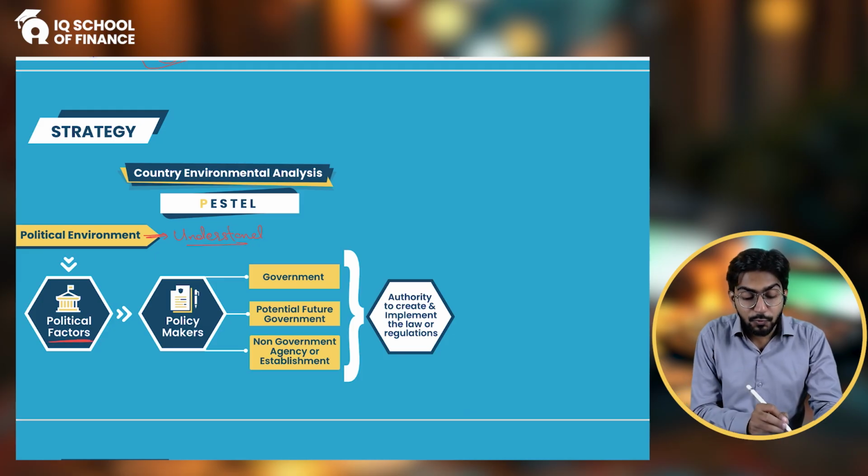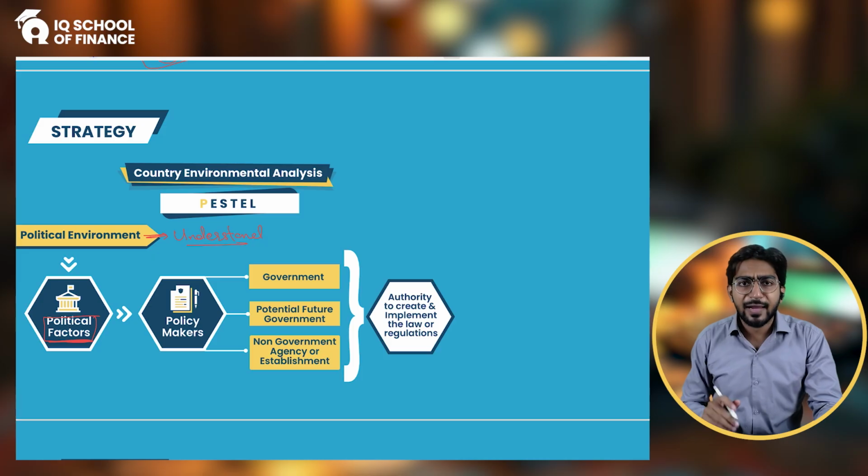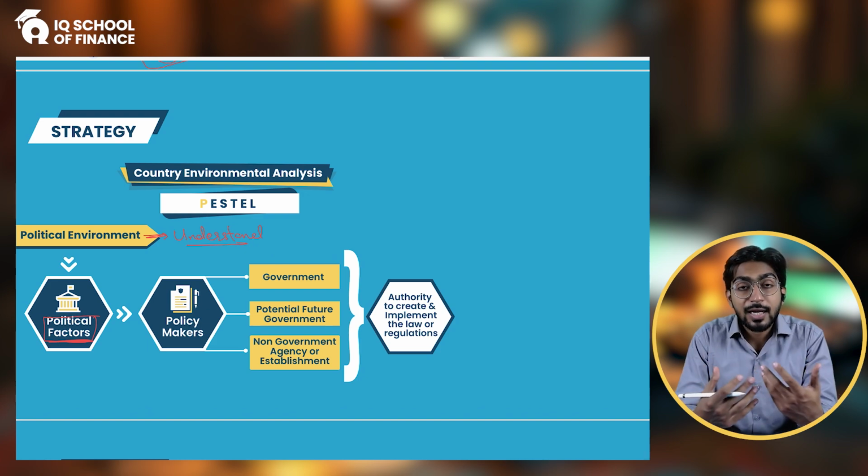You should focus on the political factors, right? When you focus on the political factors, then only you can understand the political environment of that country. All right. And when you understand the political environment of that country, you will obviously find a few things. These things, as we have discussed earlier, are either going to be favorable for you or unfavorable for you.